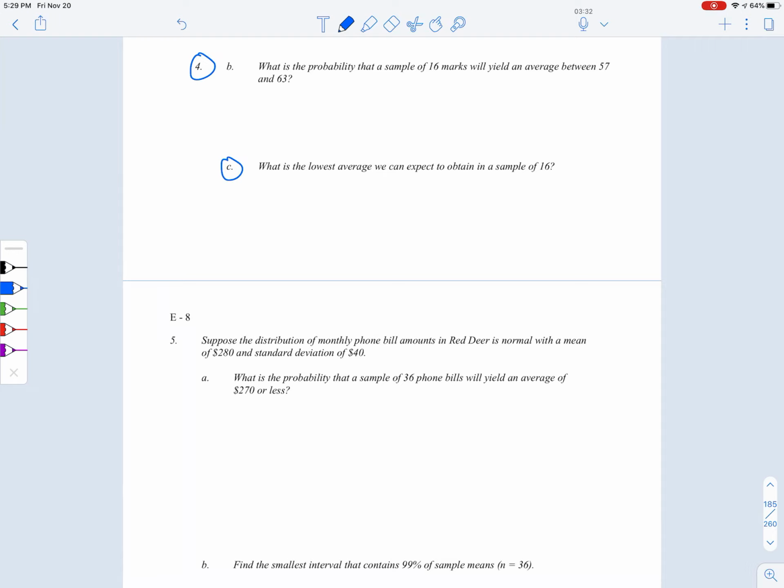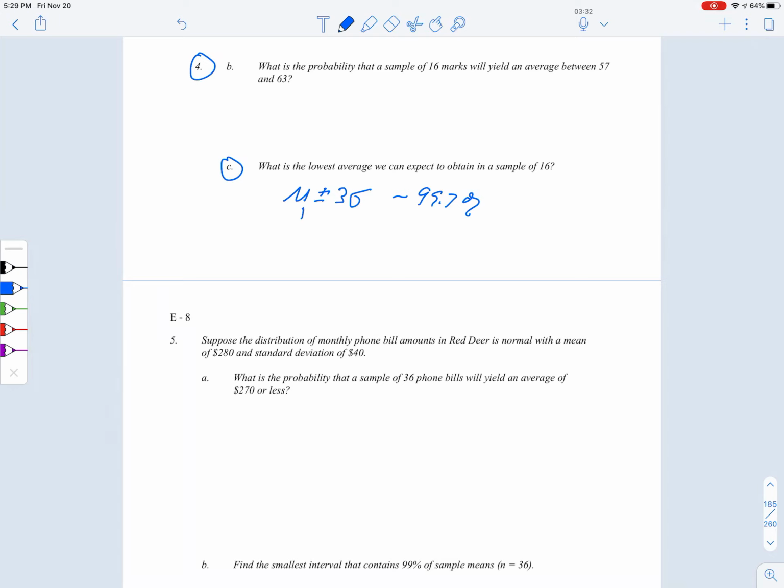Remember those empirical rules at the end of Unit C, where we said that if you go mu plus or minus 3 standard deviations, that should be about 99.7% of the distribution.